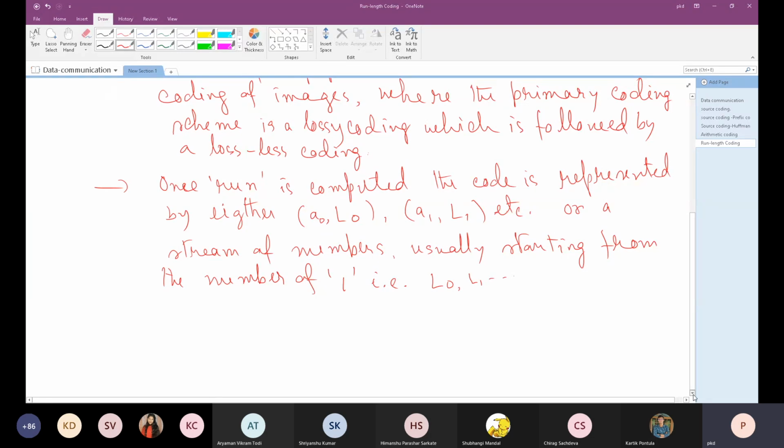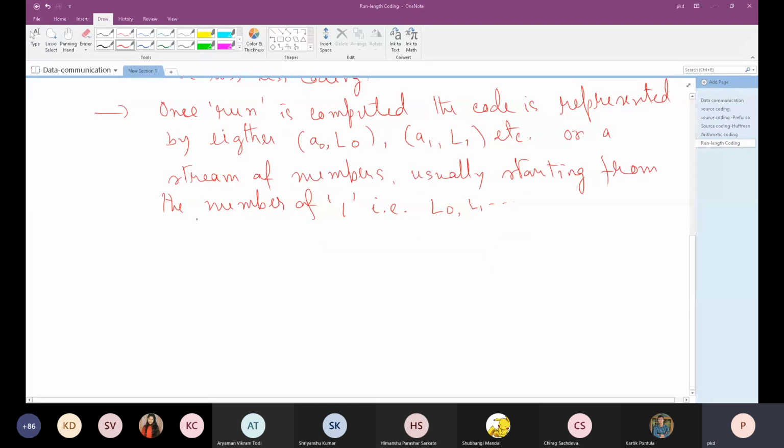Here it is important that if we represent just the run, not the symbols, it is possible for binary, easily, because there are only two states in binary, 0 and 1.